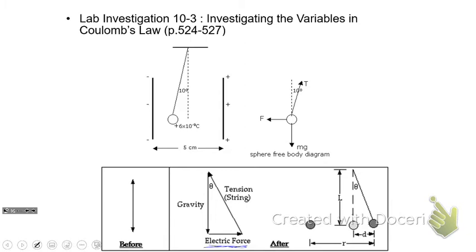So it's the hypotenuse, related to both of them. When you're calculating the tension in the string, please do not just calculate the force due to gravity and say that is the tension of the string. Please do not do that. Tension in the string is the hypotenuse of gravity and electric force.